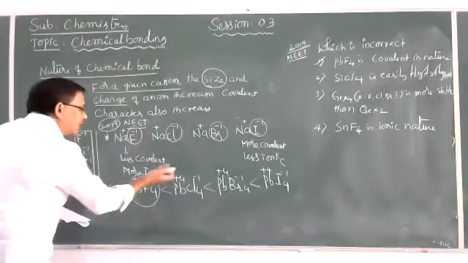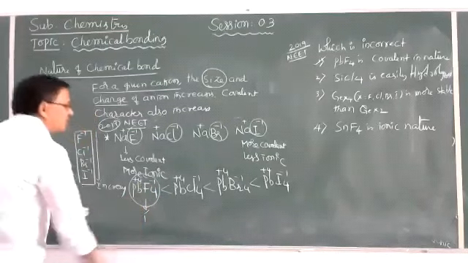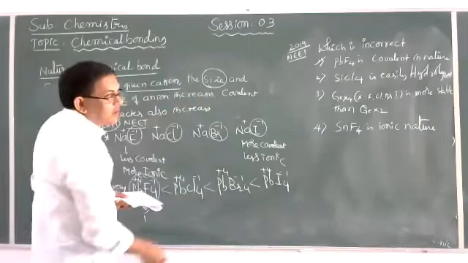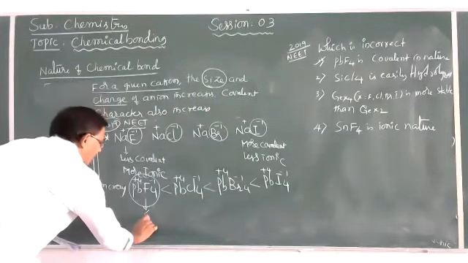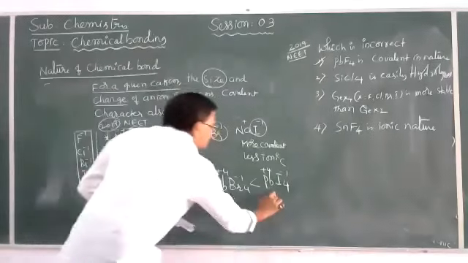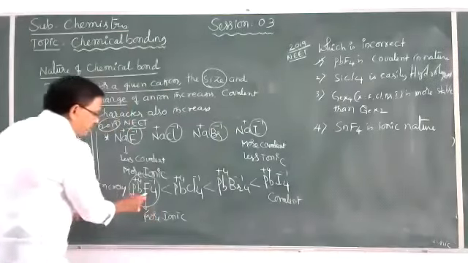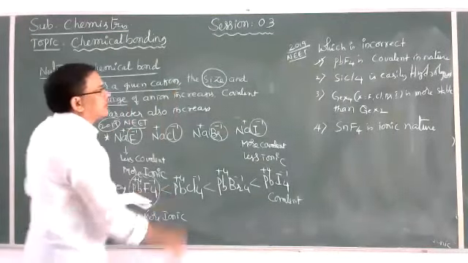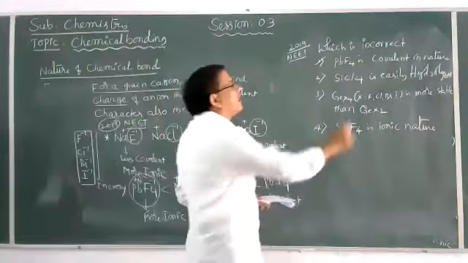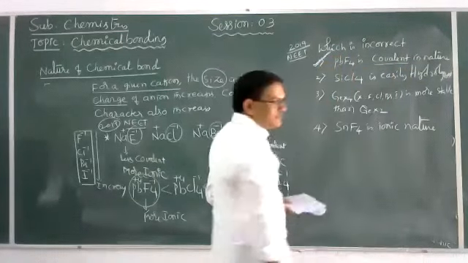While comparing these four compounds, PbF4 is generally more ionic in nature. But the statement given is PbF4 is covalent. That is the incorrect statement. That's why this is the correct answer.